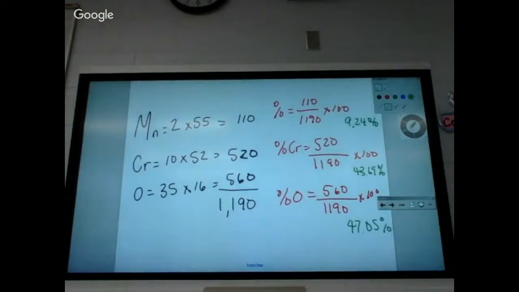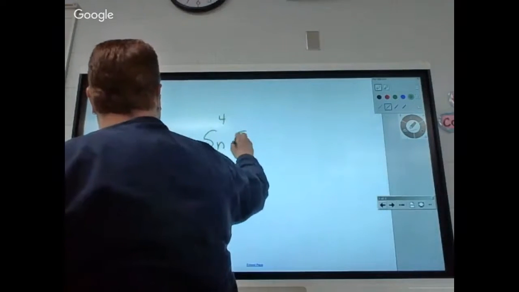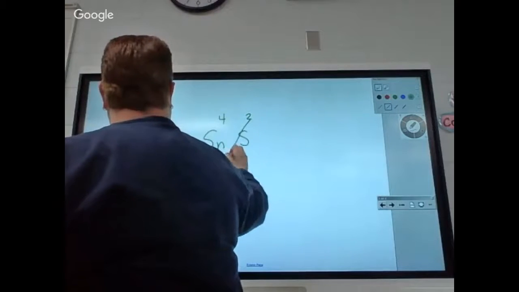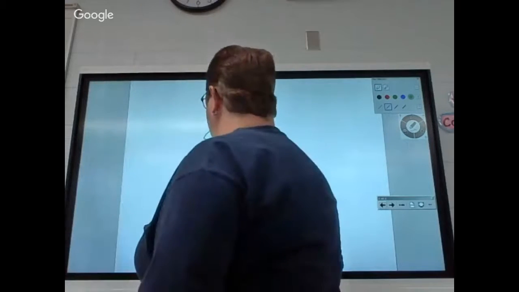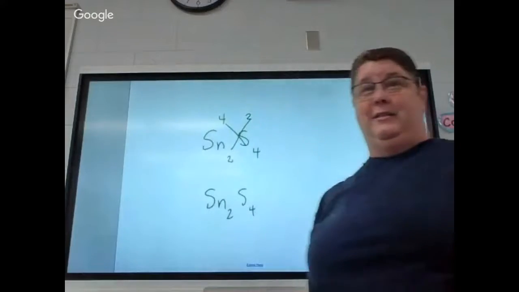All right. What else? Okay, tin 4 sulfide. All right. So Sn 4, sulfide has a 2. So you brought the 2 and the 4 down, right? So you had Sn2S4. So this is like math class.